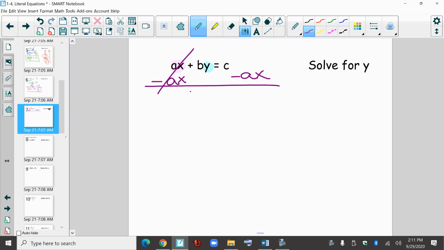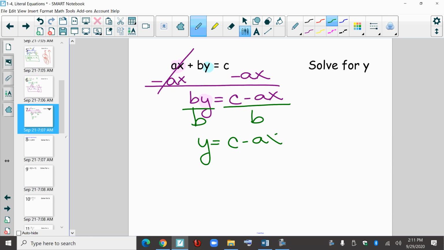That goes away, and I have by is equal to c minus ax. Now, I'm still solving for y. So if I'm still solving for y, the way I'm going to get rid of that b is by dividing by b. So y is equal to c minus ax all over b.